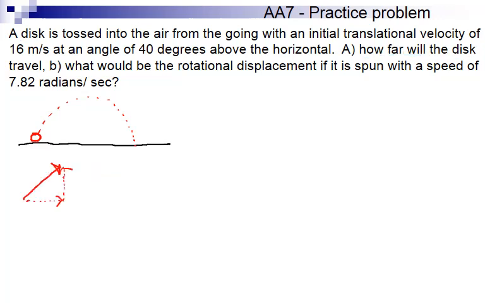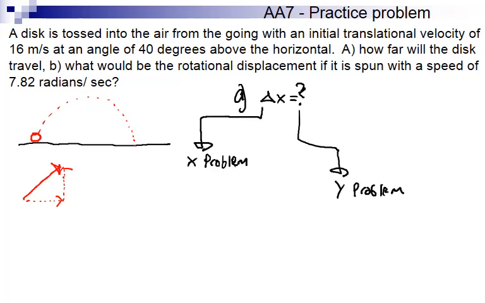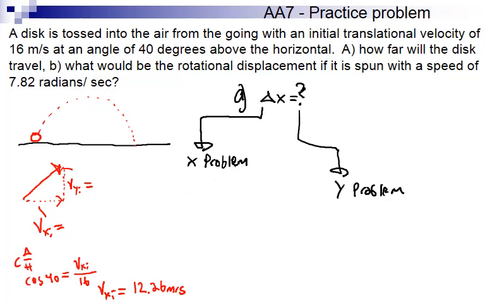Okay, so when we break up our x and y velocities, we'll be able to figure out our x problem or y problem, what we need. So for the x, right, delta x equals v initial times time. That's the only equation that works in the x direction. And so the velocity in x, 12.26 meters per second, we're dealing with there, and the y, 10.3 meters per second for the velocity.